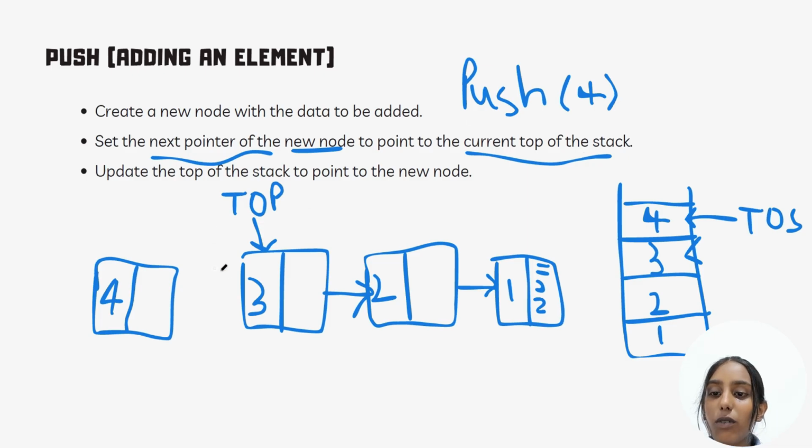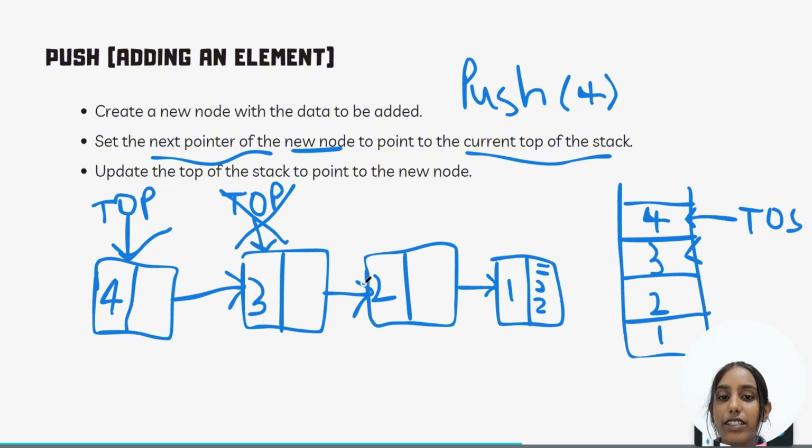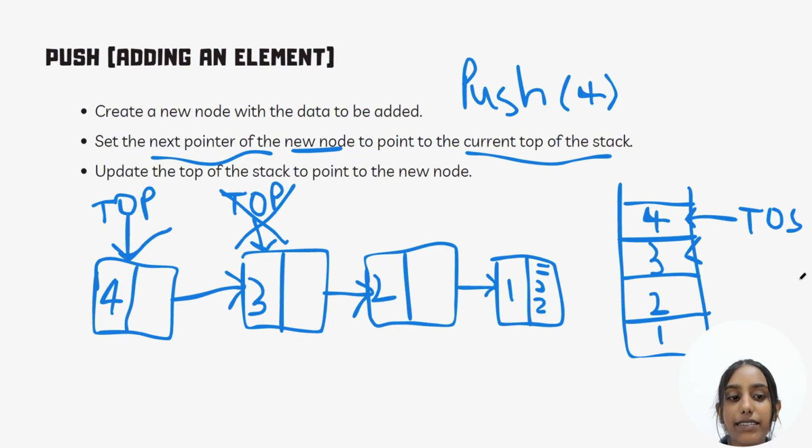Our current top of the stack is 3, so it would set the next pointer of the new node to point to 3. And then it would update the top of the stack to point to the new node. So this would no longer be the top of the stack. This would be our top of the stack. So this is how the push operation happens in the linked list.